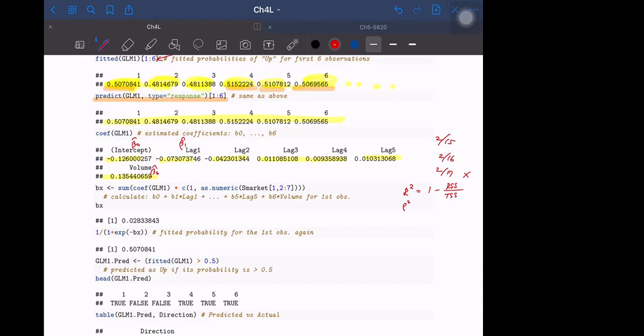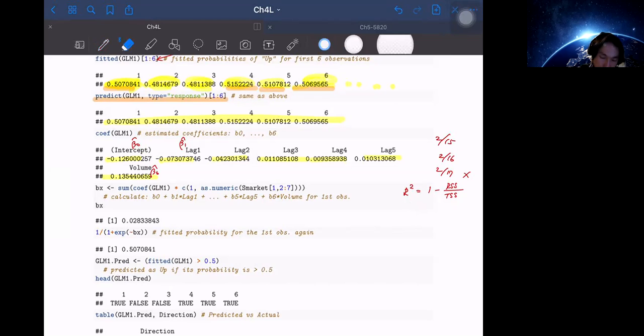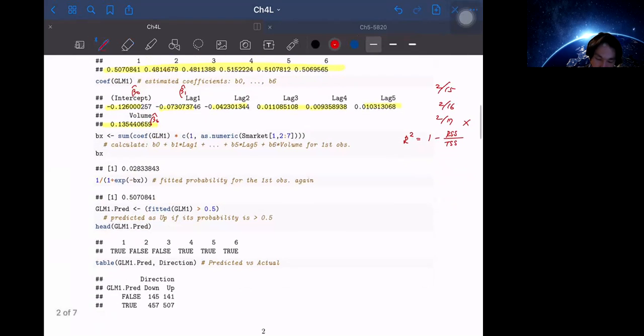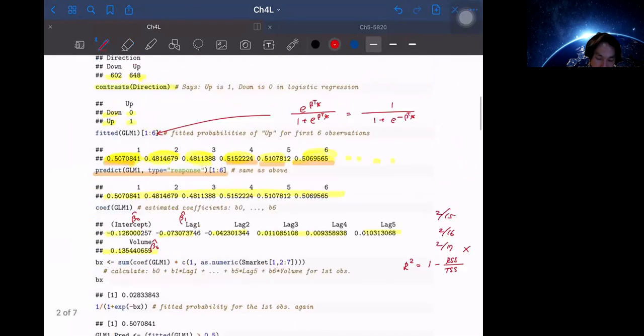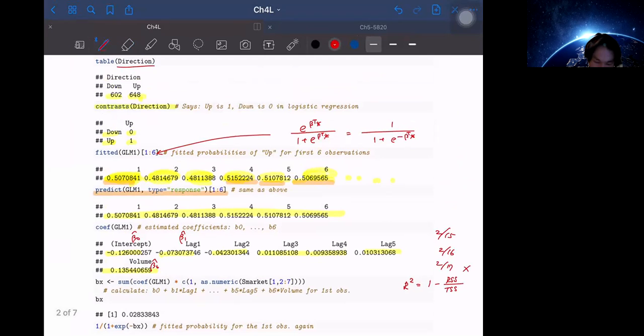And one other question, I didn't understand the predict function for predicting the tomorrow stock market. I didn't understand this line of thought. So this is actually the fitted value.